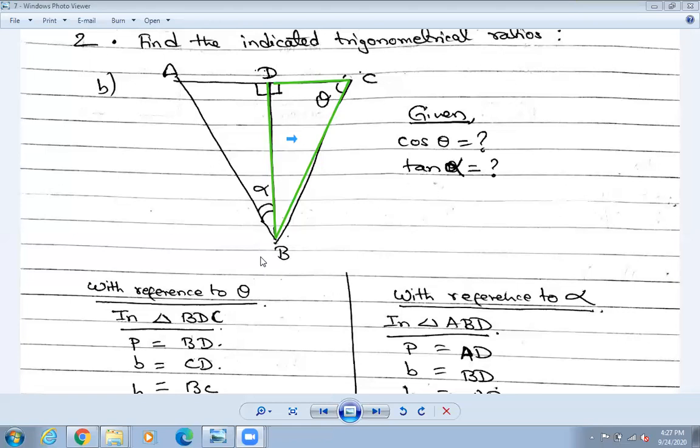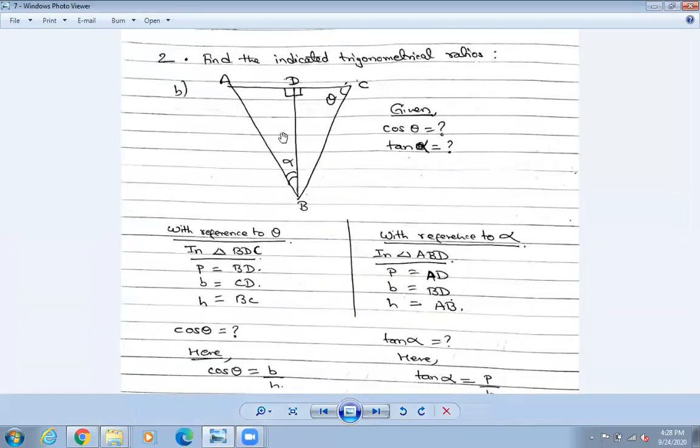Okay, so let me erase this also and let me teach you this thing. So with reference to theta, where is theta? Here is theta.